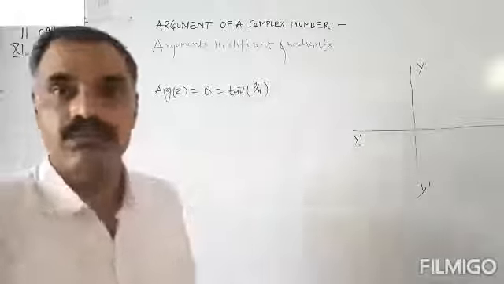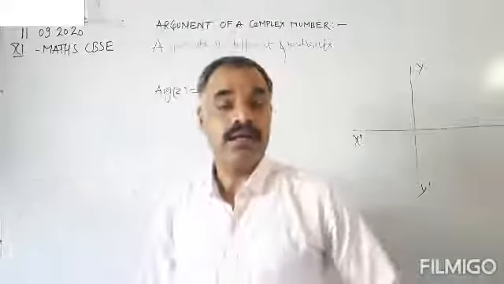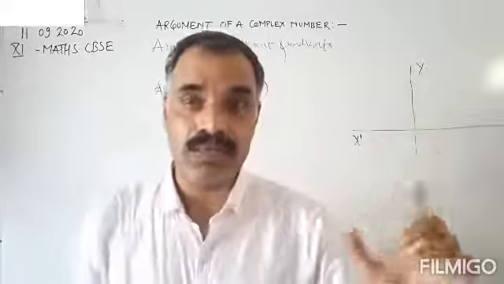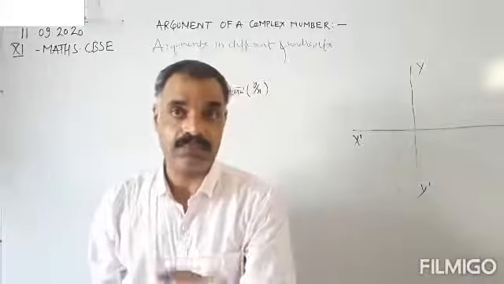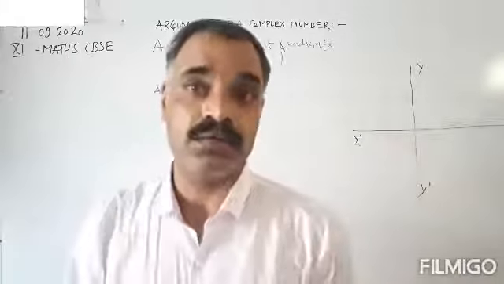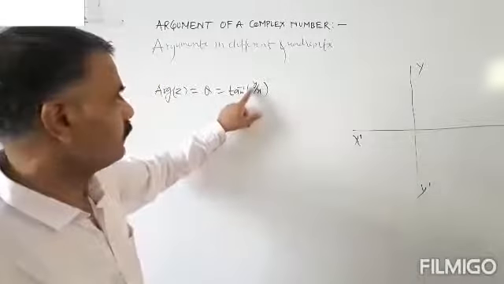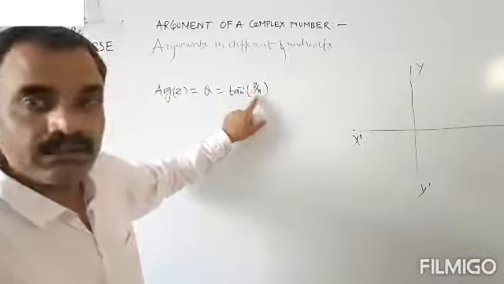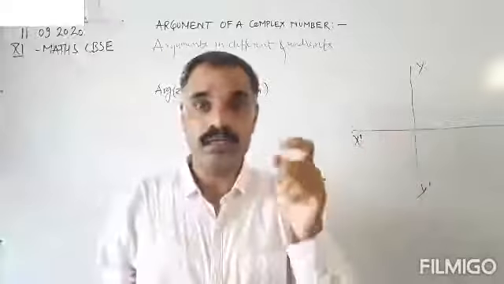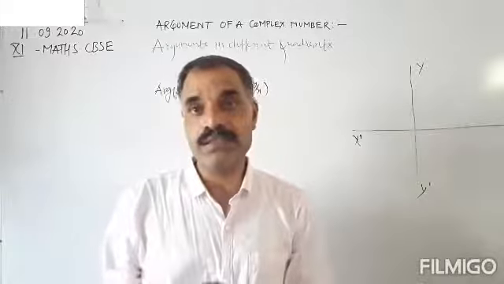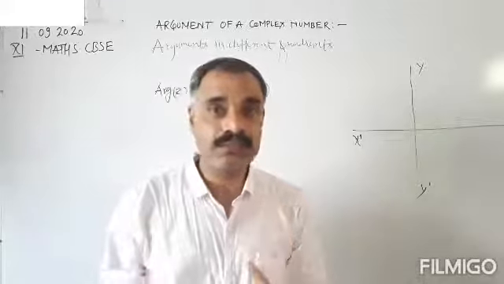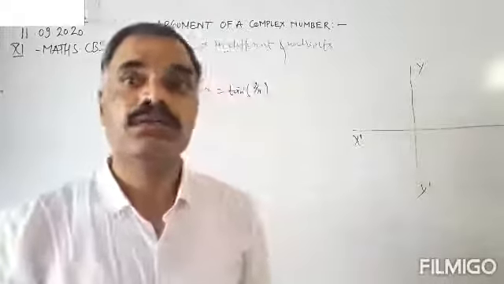This shows that the argument of z depends on the real and imaginary parts of the complex number z. So when the signs of x and y change, the argument also changes.